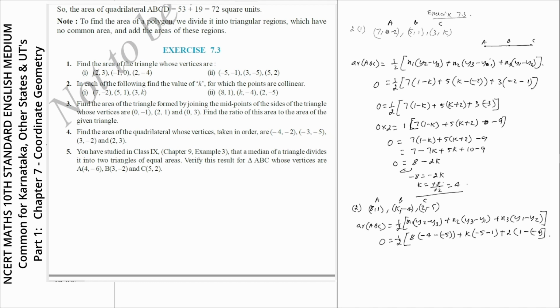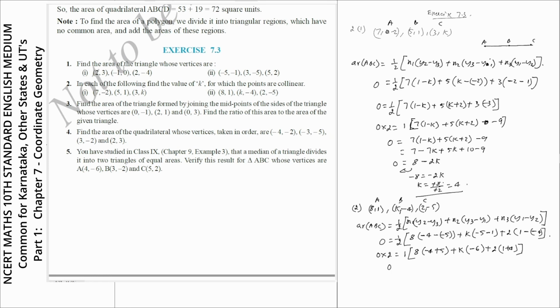Okay, now I'll cross multiply, 0 into 2 is equal to 1 into, now what I'm left, 8 into minus 4 minus into minus 5 is plus 5, plus k, now minus 5 minus 1 is minus 6, plus 2 into 1, minus of minus 4 is plus 4.